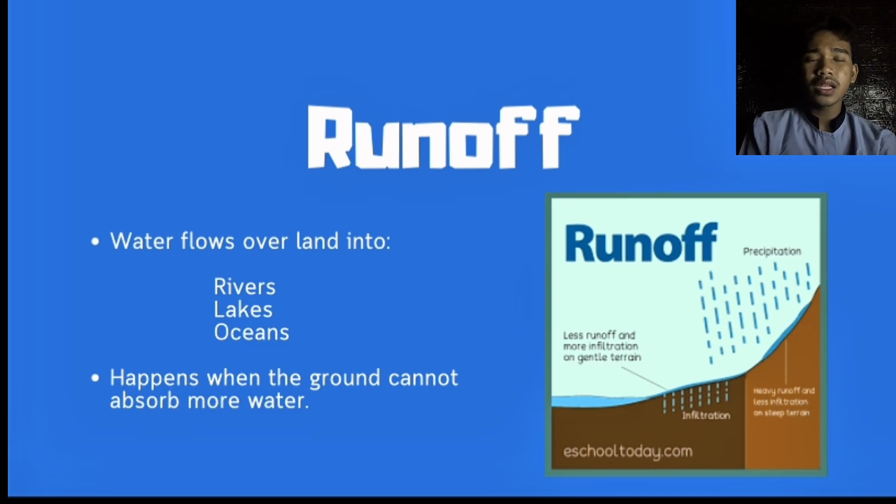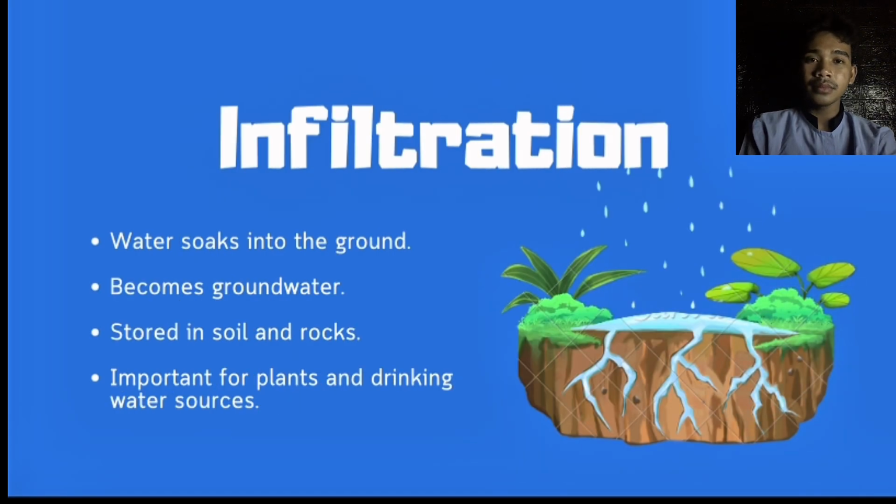However, not all water flows across the surface. Some of it actually moves into the ground through a process called infiltration. Infiltration occurs when water soaks into the soil and moves underground.